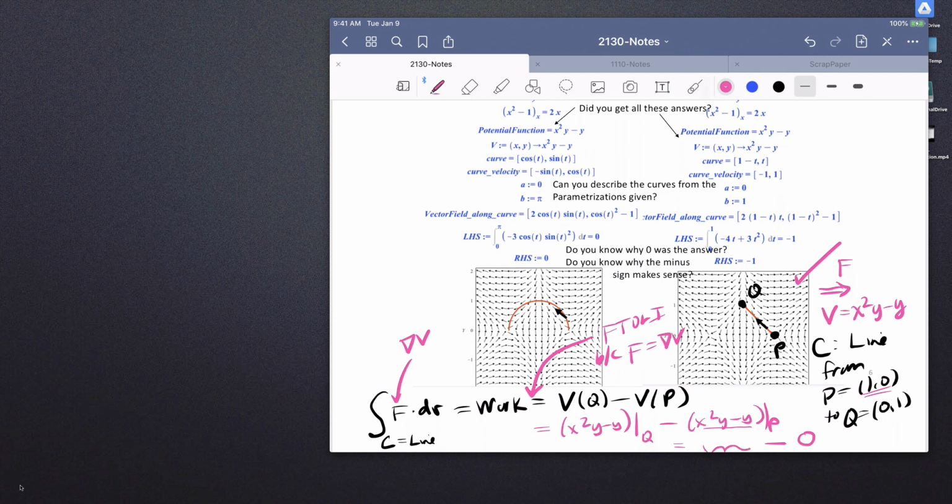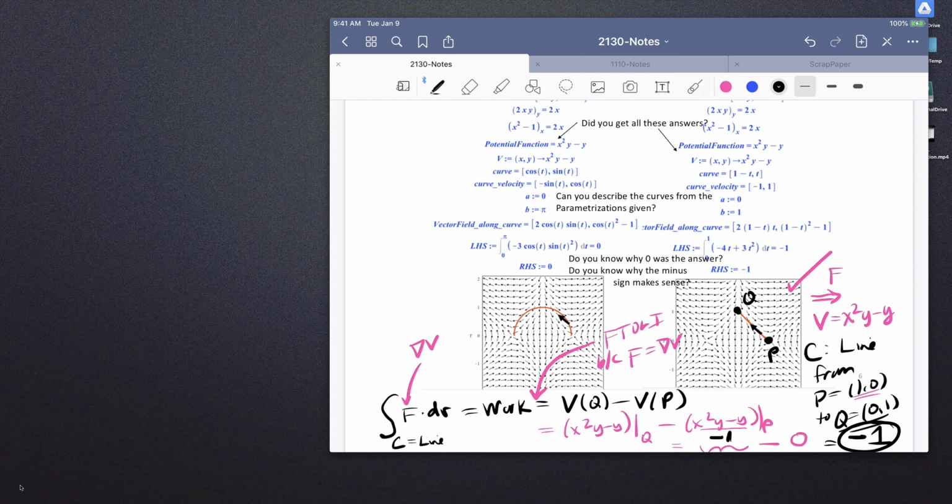But it's the Q part where we actually get something: Q is equal to 0, 1. So when x is 0 and y is 1, we'll get -1. Right? So -1 minus 0 is -1. And that will be the answer that you get when you compute the line integral along the straight line.